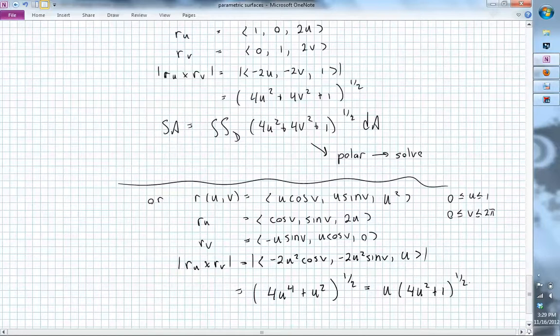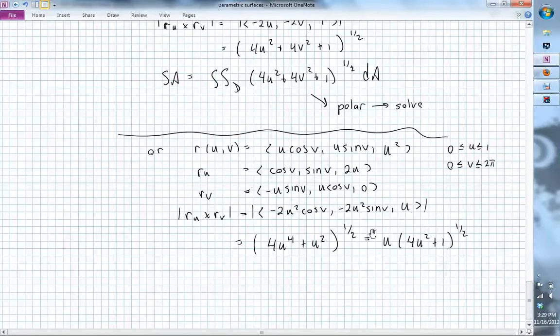If I were going to integrate that for the surface area, I would go from 0 to 1, 0 to 2 pi, u times the square root of 4u squared plus 1, du dv.